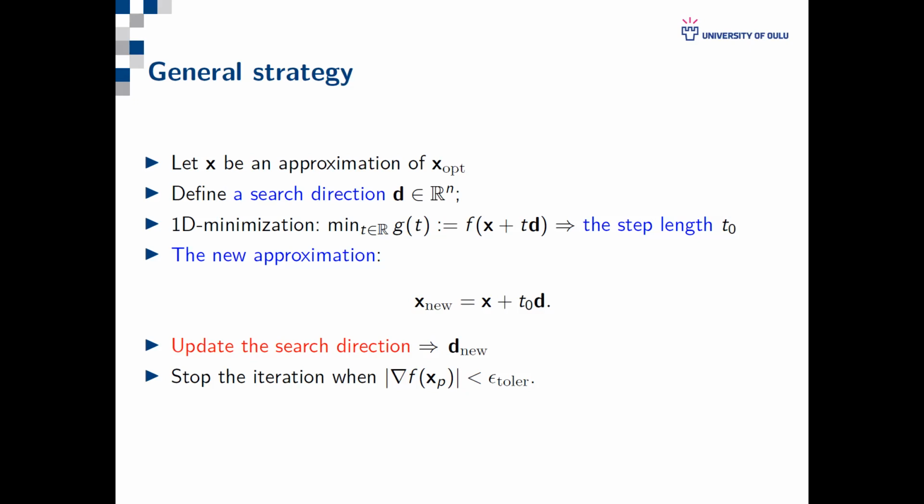There we get the step length. We compute the new approximation, x plus step length times the search direction. Then we update the search direction and we stop when the norm of the gradient is small enough.